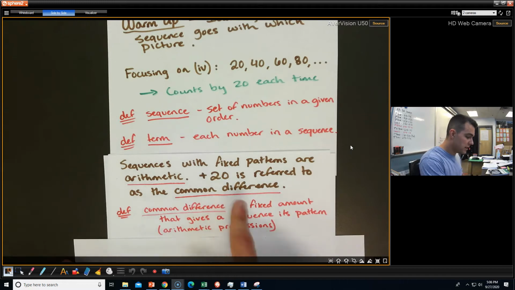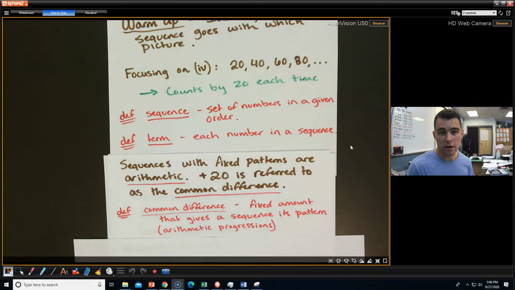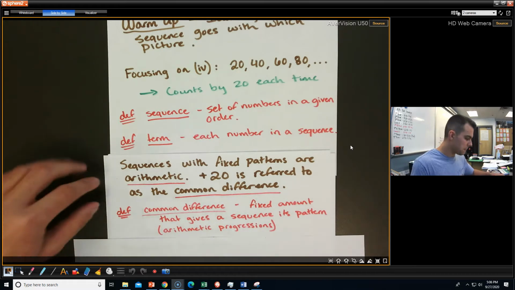Plus 20, because we're adding 20 every single time, is what is known as the common difference: the fixed amount that gives a sequence its pattern when it comes to arithmetic progressions. So plus 20 will be our common difference in this sequence.